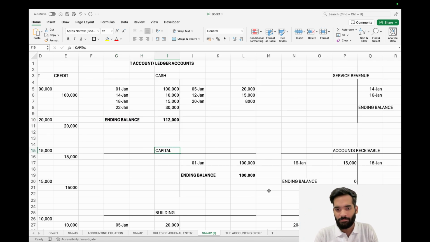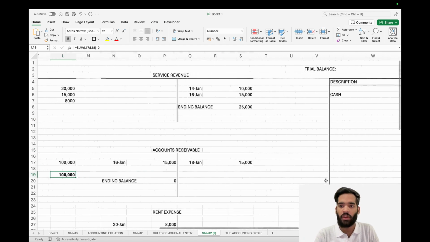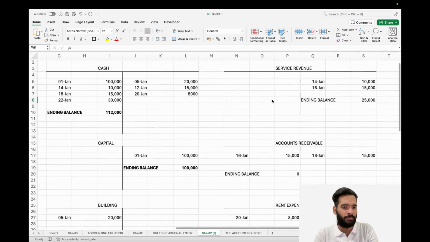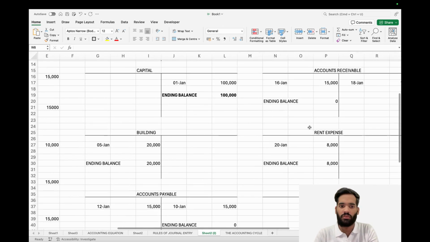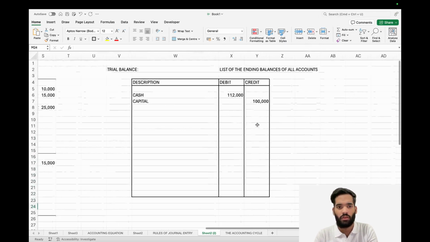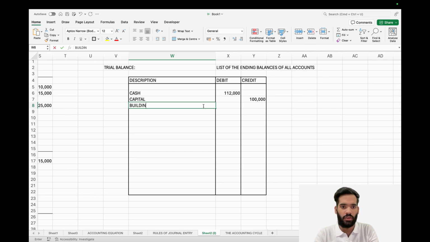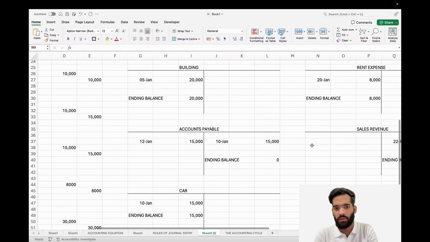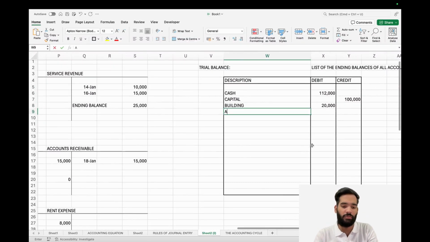For capital, we'll do the credit side, 100,000. So capital 100,000 credit, building 20,000 debit. Then we have accounts payable 0 credit. You don't have to write it, but let's write it anyway just to make it complete.